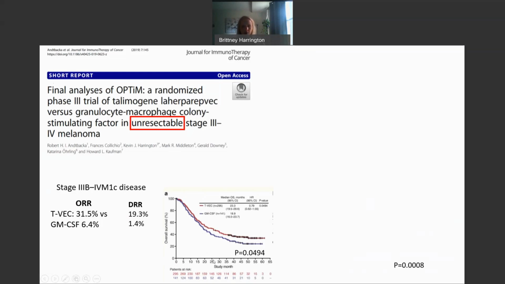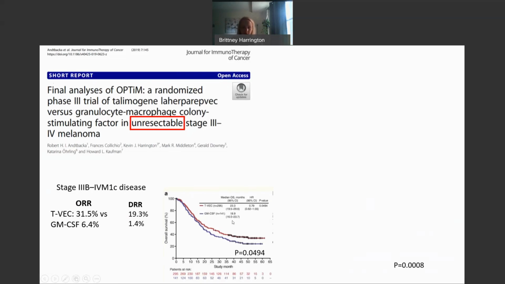And actually, I should just look at this: the median overall survival of all patients treated with TVEC is 23 months. The range is 19 to 29 months, so that's a huge response. Compared to just GM-CSF, the median of all patients was 18.9, which is less than the lowest or shortest response of a TVEC patient.